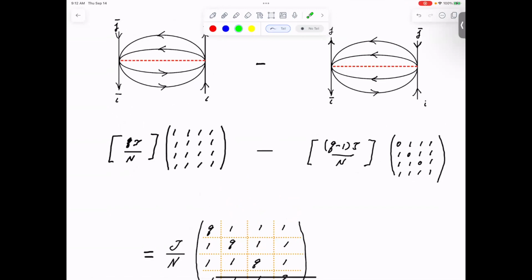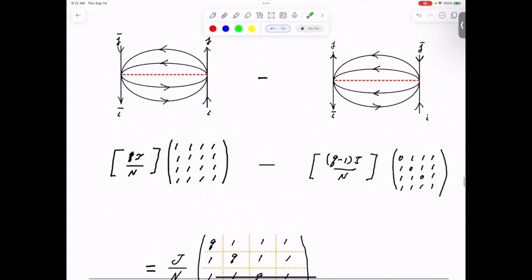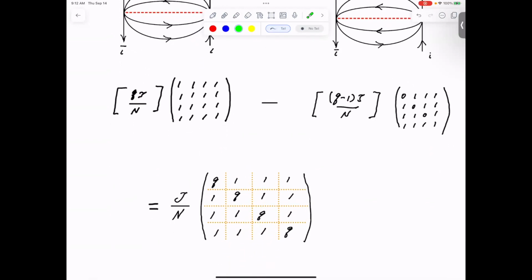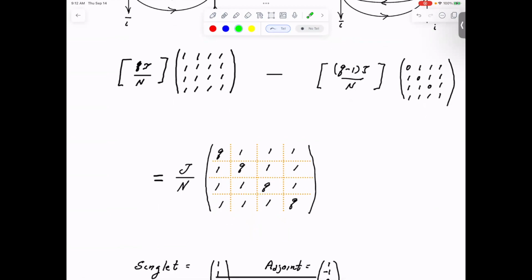They almost cancel, but they don't quite cancel because there's a Q here and a Q minus 1 here. And if you work out the matrix, it's very trivial to work it out. That's just adding these two matrices. What you get is j over N, something which is quite small as N gets large, times a matrix of 1, 1, 1, 1 everywhere, and Q along the main diagonal.